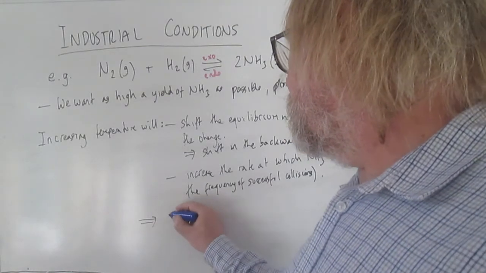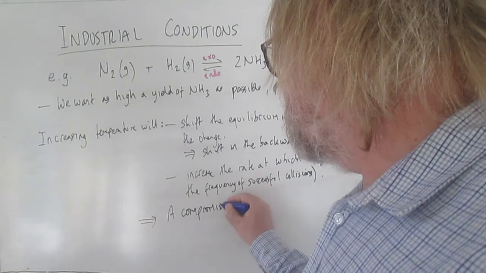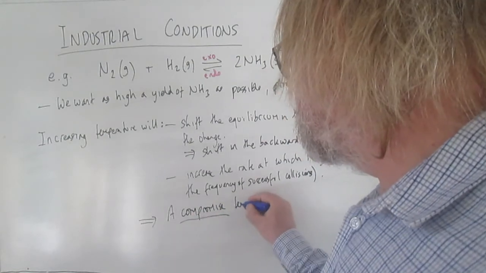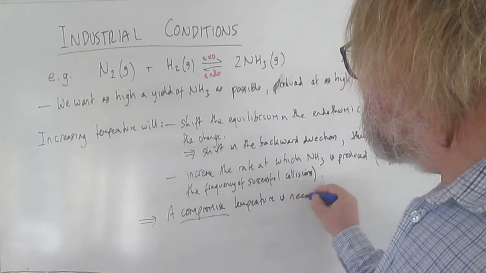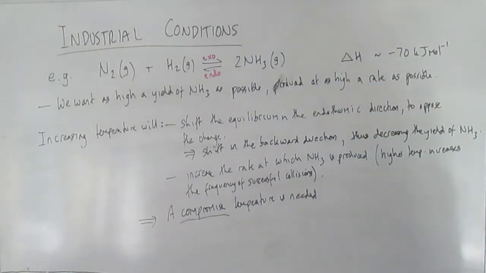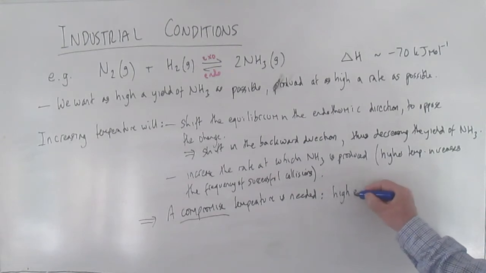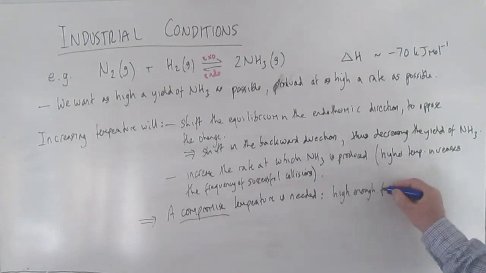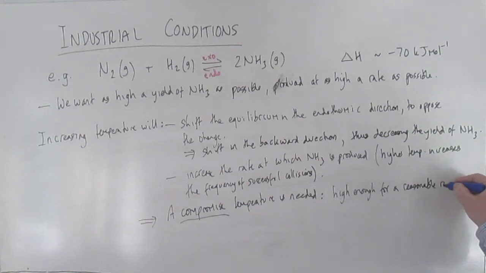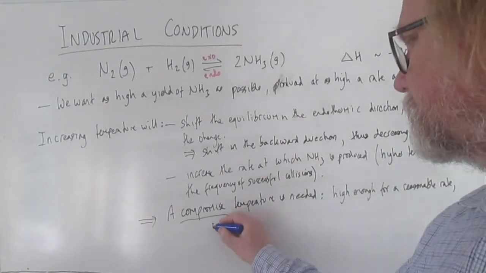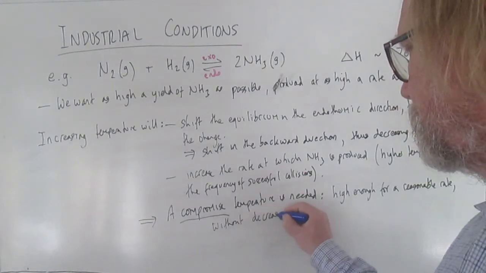So in practice, what that means is that a compromise, that's the key word, a compromise temperature is needed. And you can spell that out, that it's high enough for a reasonable rate, without decreasing the yield of ammonia too much.